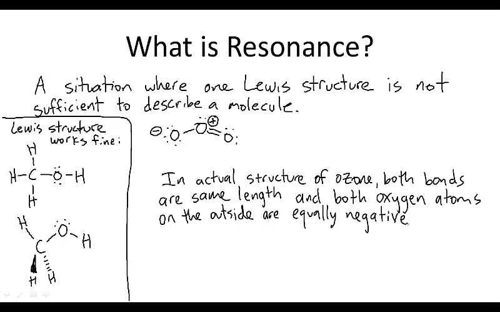So if that's the case, this one structure is essentially lying to us. This one structure can't describe the molecule because it makes it look like we have two different kinds of bonds in the molecule. It makes it look like one oxygen should be way more negative and the other one shouldn't be. So this is a Lewis structure failure.